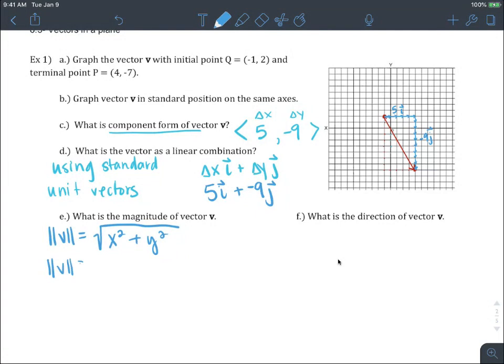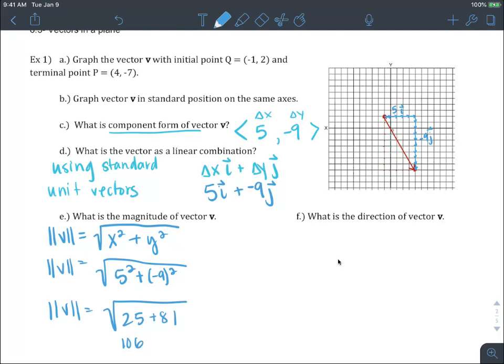So the magnitude of v is equal to the square root of 5 squared plus -9 squared, which is the square root of 25 plus 81, which is the square root of 106. So the square root of 106 is the length of my vector.